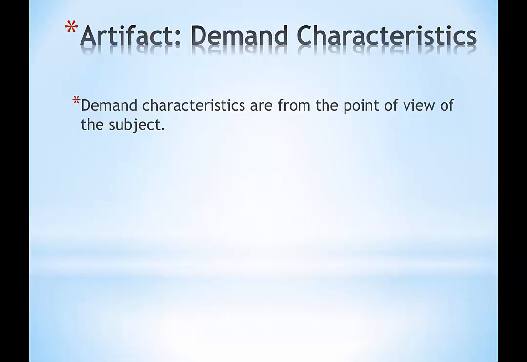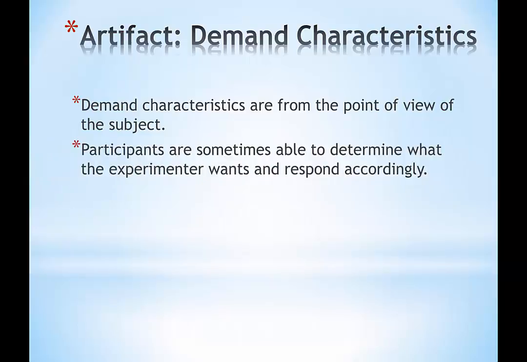Essentially, sometimes participants are eager to please and they try to figure out the demands of the study, or said another way, they try to figure out what the experiment wants or is trying to find. And sometimes the participants will act in a way to be pleasing to the experimenter as opposed to acting the way that they would normally act.